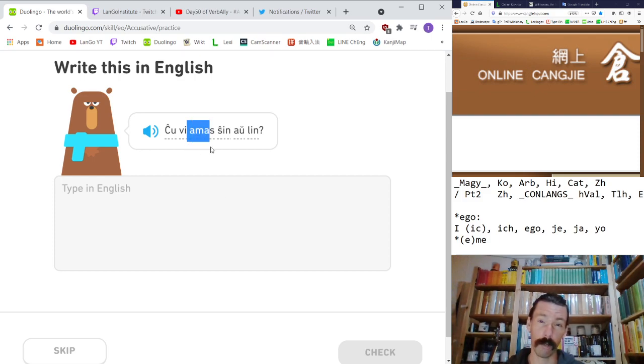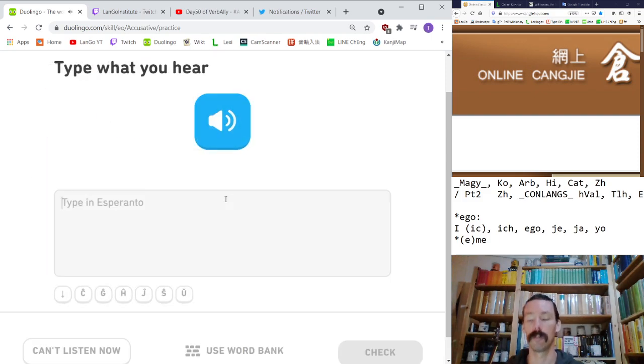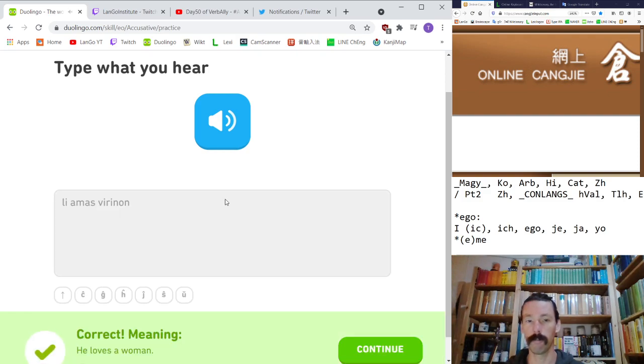Just like the thou lovest form of Latin, but general present tense. Do you love? Ŝin aŭ lin. Okay, based on those pronouns, the object forms. Her, aŭ or, lin him. Li amas virinon. He loves the woman.